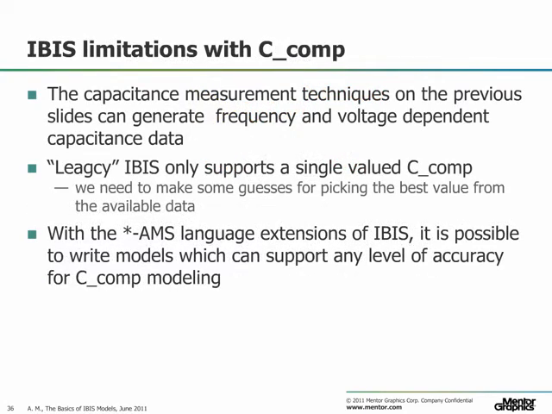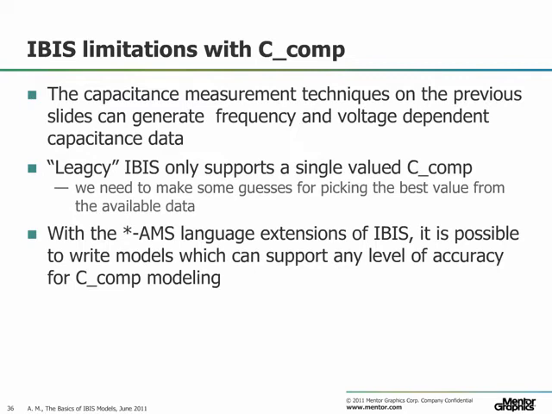The IBIS specification, however, doesn't support frequency and voltage-dependent capacitance data. So you might wonder, what should we do with all this data that we can generate with these measurements? I would recommend to pick a value that is closest to the conditions in which the model is going to be simulated.